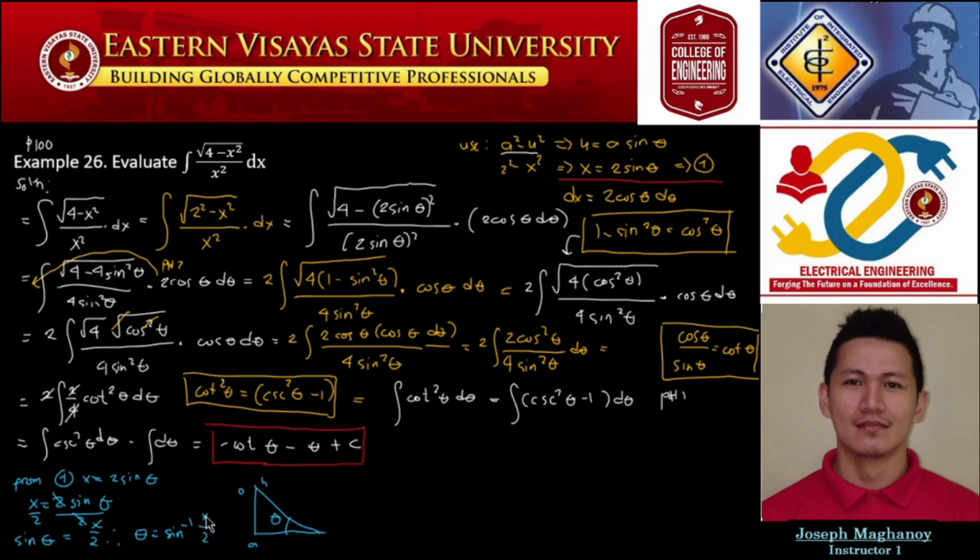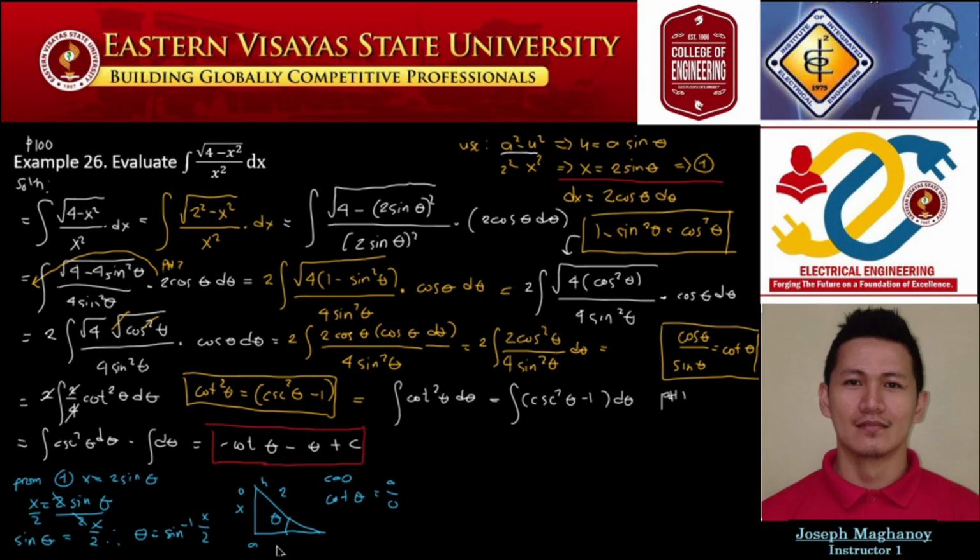So you have opposite x and hypotenuse 2. To determine theta for cotangent, cotangent theta is equal to adjacent over opposite. So we already have an opposite, but we need to determine our adjacent.